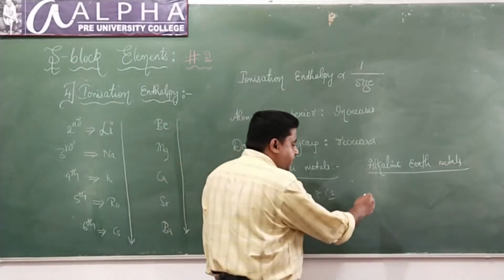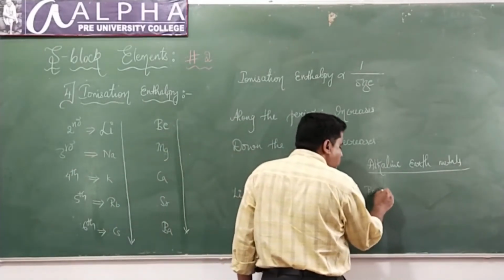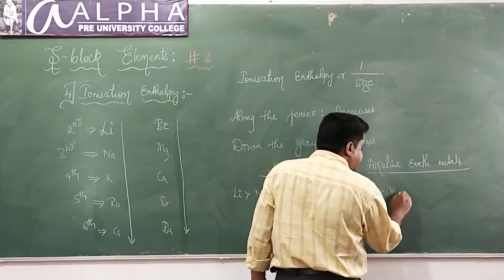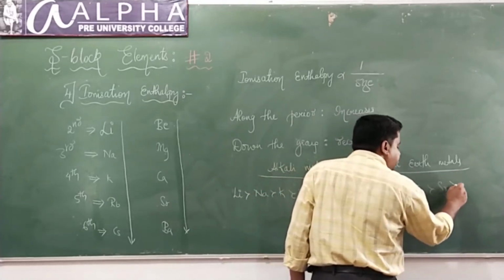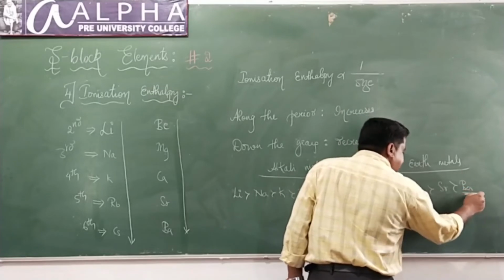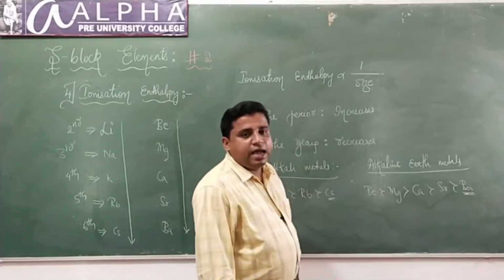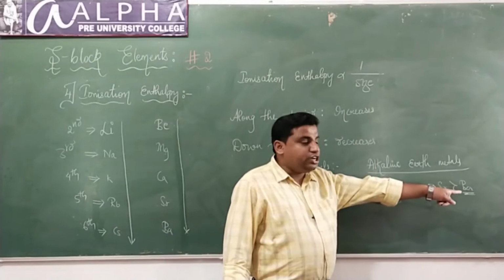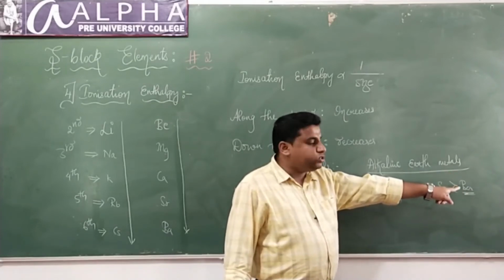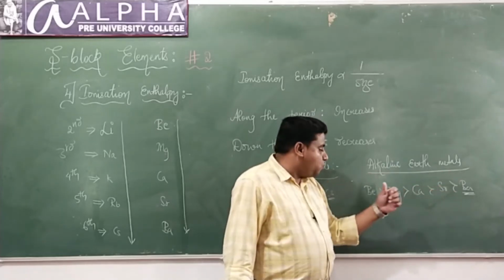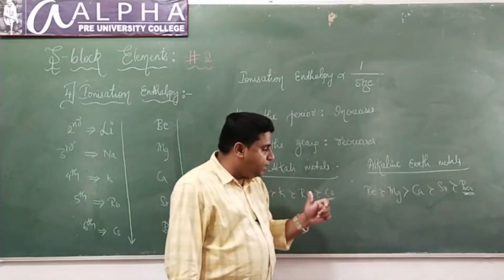Therefore beryllium has more ionization enthalpy than magnesium, magnesium more than calcium, then strontium, then barium. So barium has the least ionization enthalpy. It is very easy to remove the outermost electron from barium when compared to beryllium. Clear?